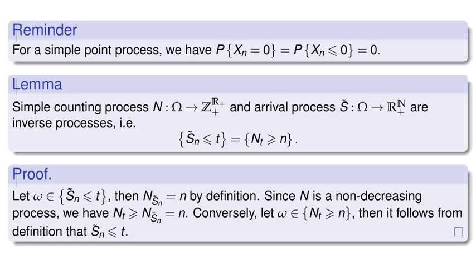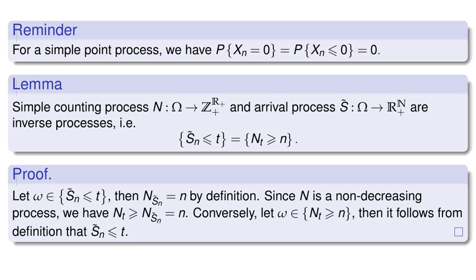Let's briefly look at the proof. If an outcome omega is in the set where S tilde n is less than or equal to t, then by definition of S tilde n, N at time S tilde n must be n.